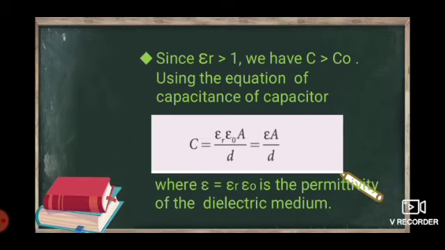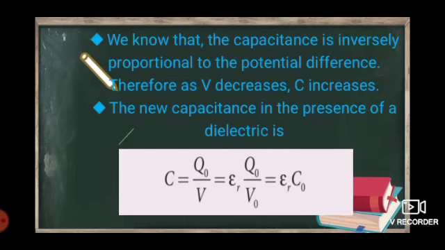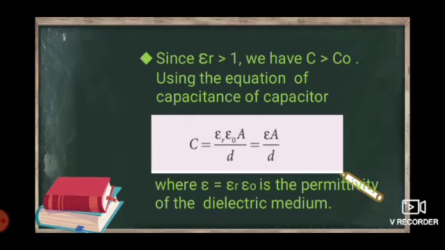So if epsilon r is greater than 1, surely the capacitance of the capacitor is always greater than C naught, because we consider C is directly proportional to epsilon r.